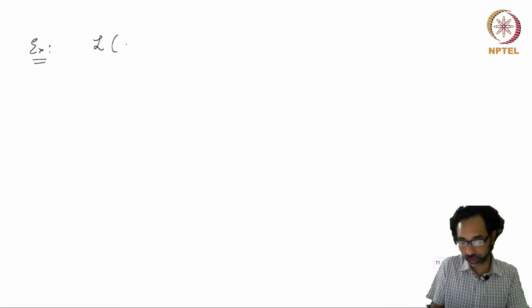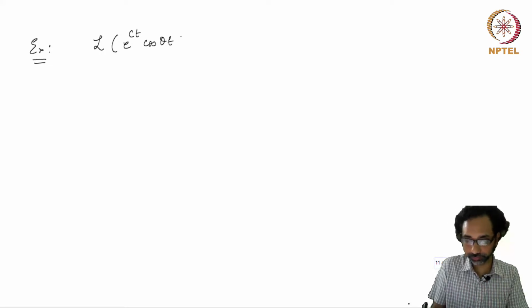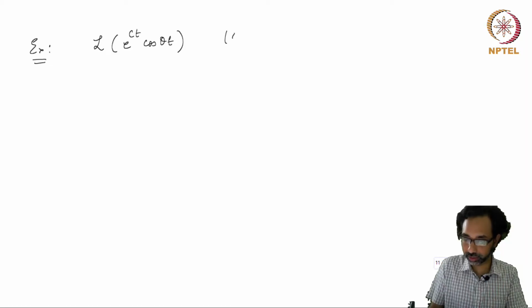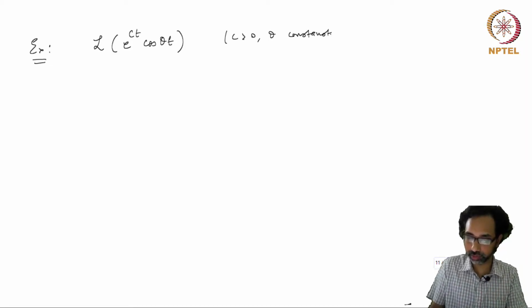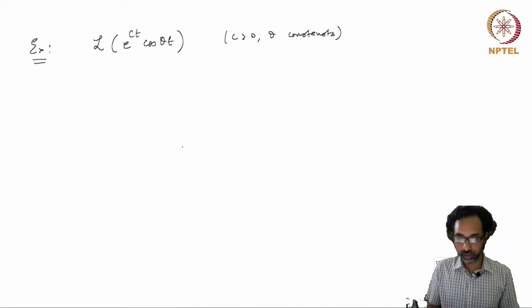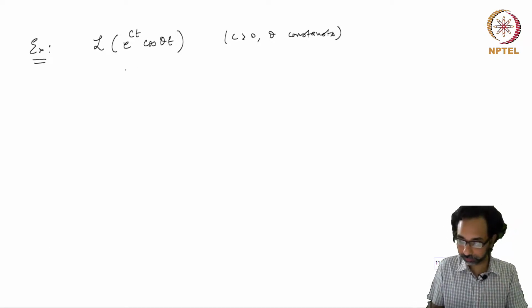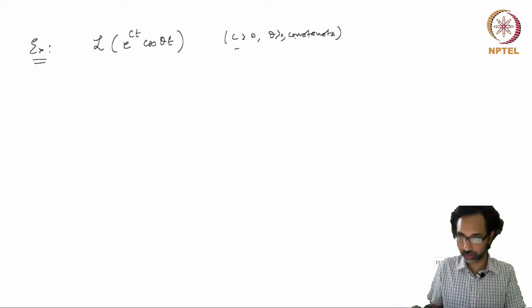So let's compute the Laplace transform of e to the power ct cos theta t, where c and theta are real constants. We are assuming both to be greater than 0.